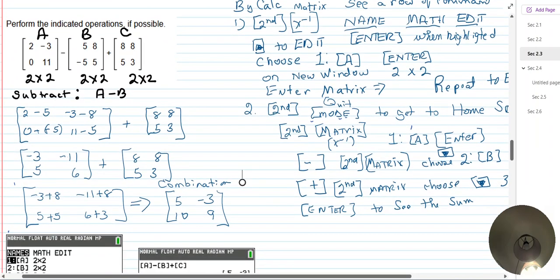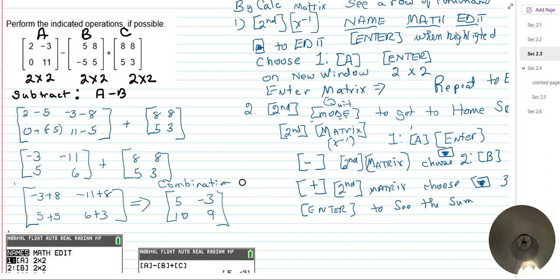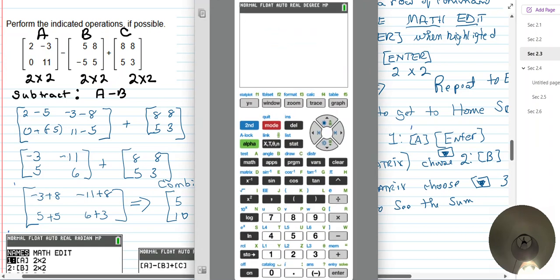So here we go. And are you ready? So I did all of the edits. So now all we have to do is name it. So here I go. I'm going to go second matrix, name 1. All right. Minus second matrix. And I'm going to down arrow, see that? And I'm going to choose B. Plus, because that's what they wanted.